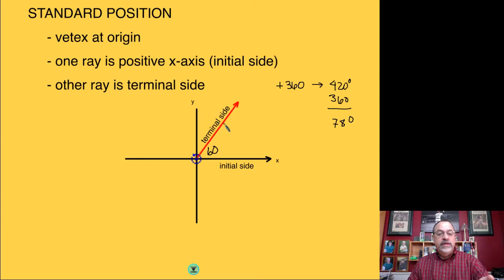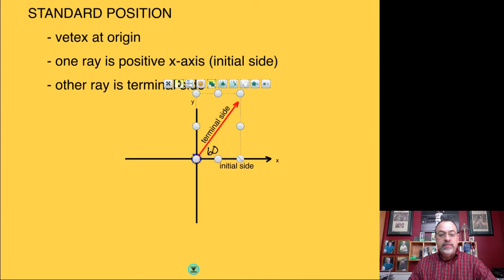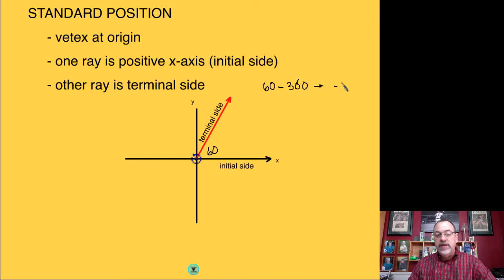And if I rotated in a negative direction, let's take a look at that. Let's say I have a 60-degree angle, and I want a coterminal angle, but I want it to be negative. So what I need to do is simply rotate in a clockwise manner, and I'm going to subtract 360 from that, because 360 is once around the circle. That's going to give me a negative 300-degree angle.